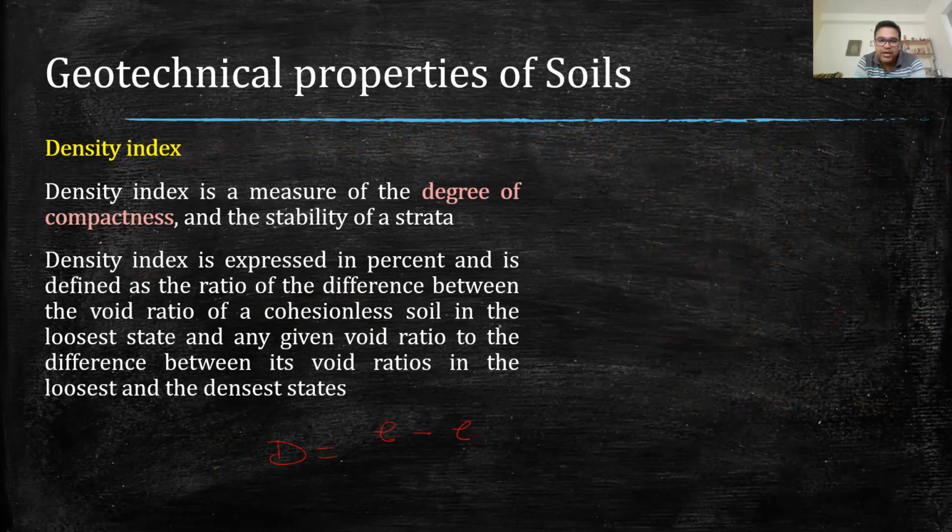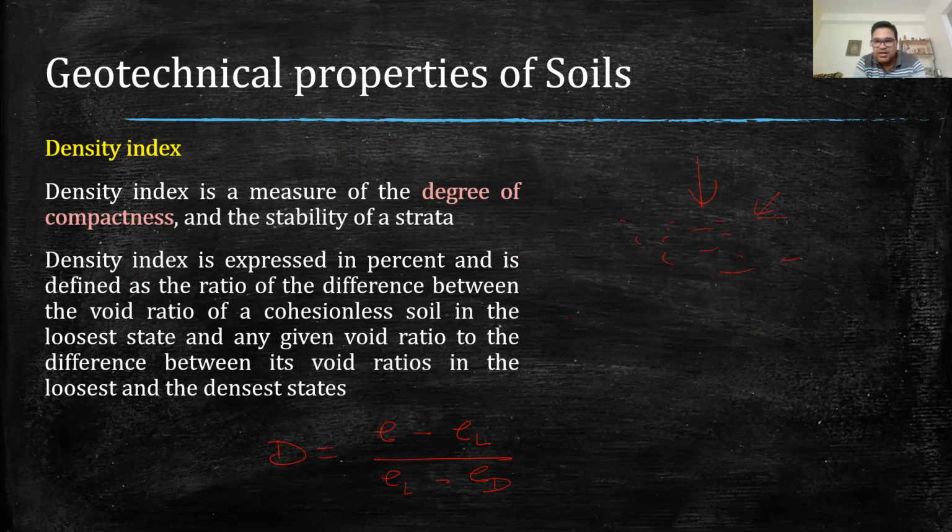And the difference between the void ratio from the loosest state to the densest state. So if there is a soil and we try to compact it, before the compaction, how do we define the loosest state?